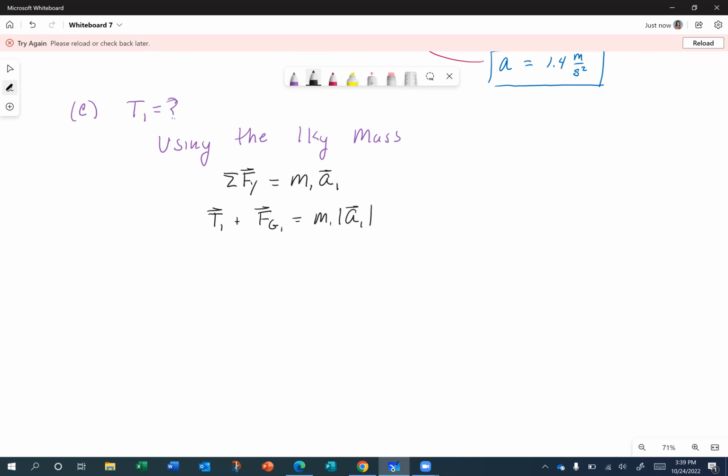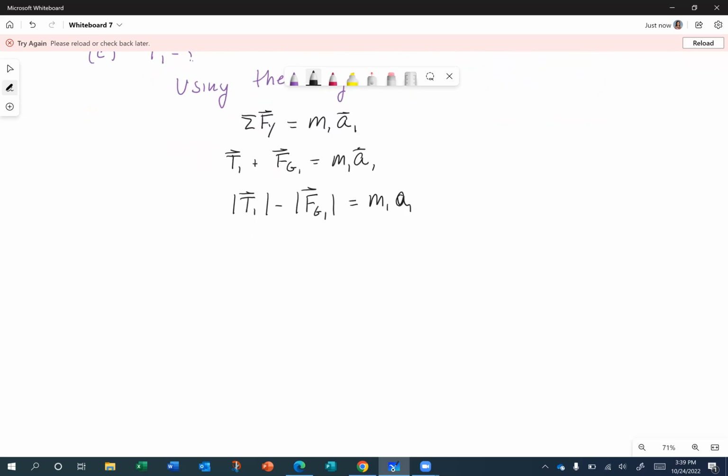Now we're going to get rid of our vector notation. So we get T1 minus the force of gravity of number 1 equals mass 1 acceleration 1. So T1, again dropping the vector notation, is going to be M1 A1 plus the force of gravity of 1.